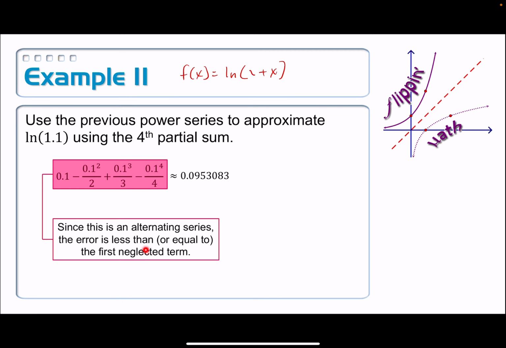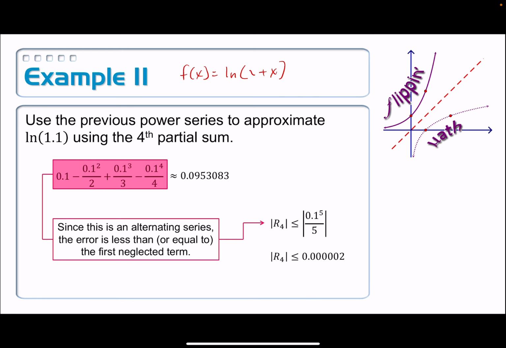The first neglected term, since we went up to 4, must be the fifth term. So the fifth term would be 0.1 to the fifth divided by 5, which looks like this. And then you can go ahead and work this out at 0.1 to the fifth power. You could turn that into scientific notation to make that a little handier.